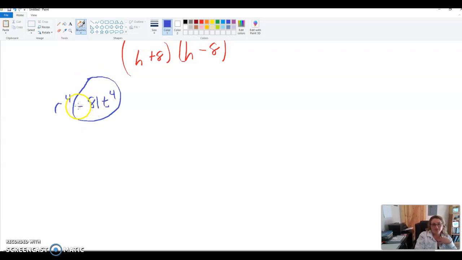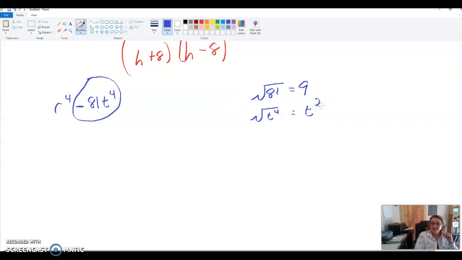And we have the negative. So this looks to me like it is going to be an example of the difference of two squares. Okay, so if I take the square root of 81, I know that's going to be 9. If I take the square root of t to the 4th, that is going to be our t squared.